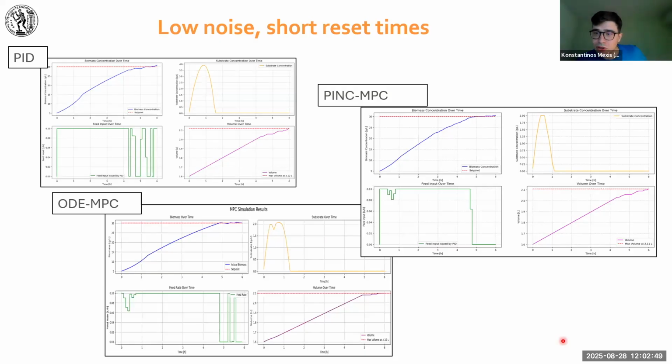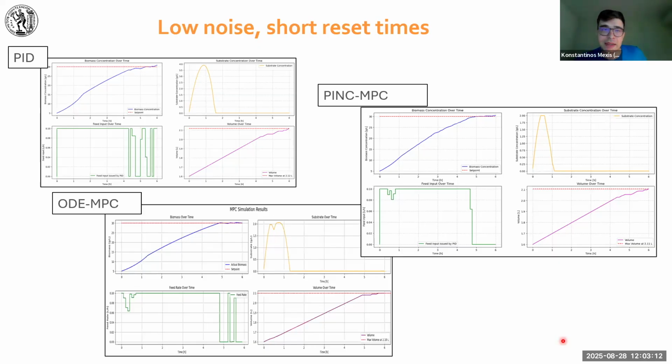With PID control, we see unstable behavior in the feed input and poor regulation of substrate concentration. ODE-based MPC, which uses the discretized ODEs as the model, improves stability, but still shows oscillations in the feed rate and deviations from the set point.